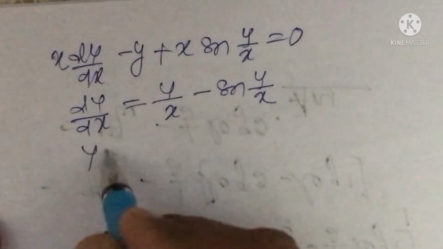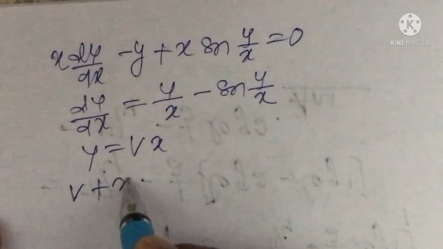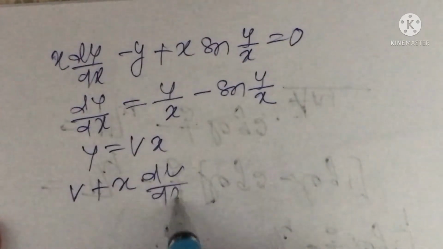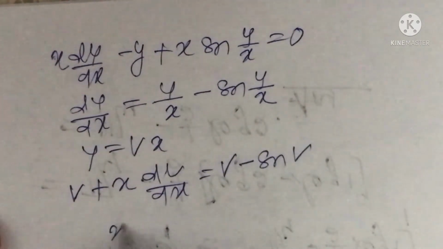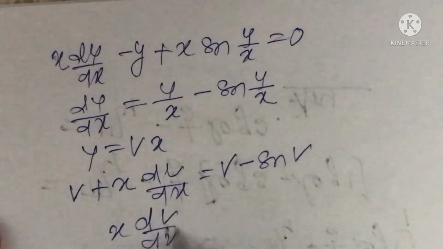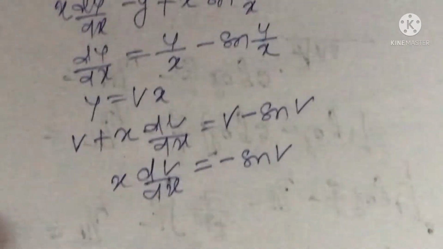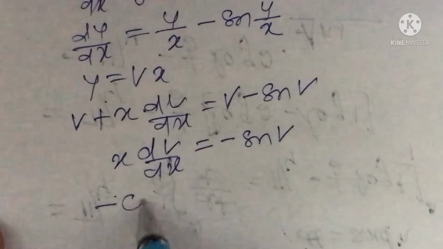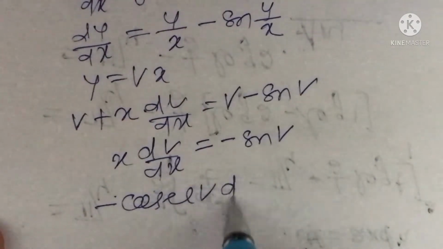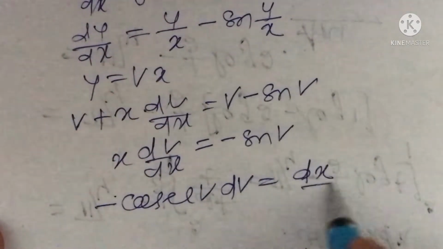By taking y is equal to vx, we get v plus x dv by dx is equal to v minus sin v, or x dv by dx is equal to minus sin v. Using variable separation, we get minus cosec v dv is equal to dx by x.